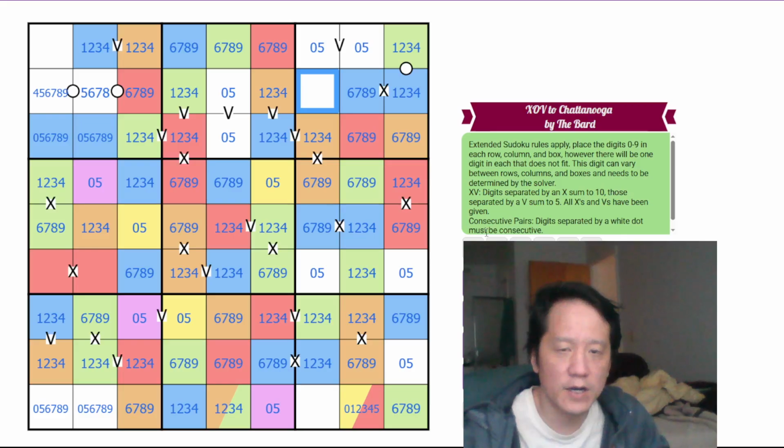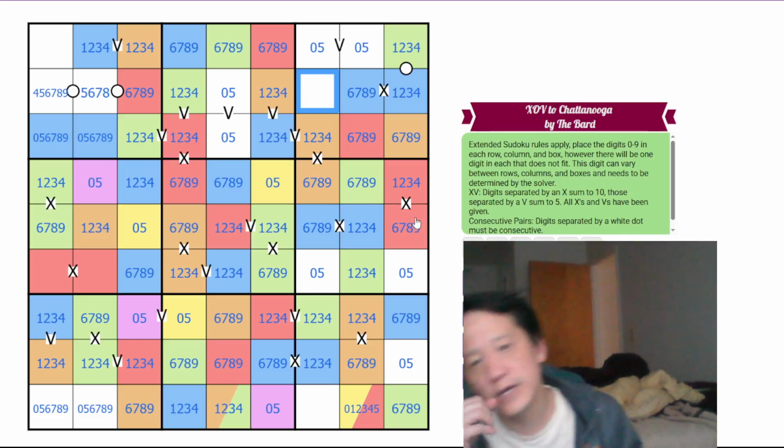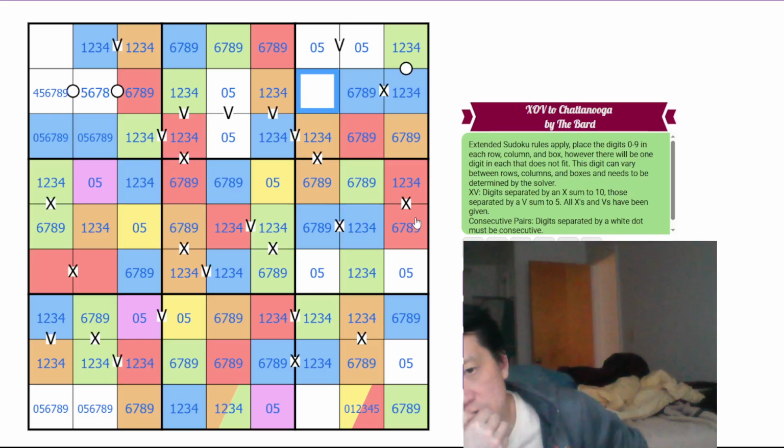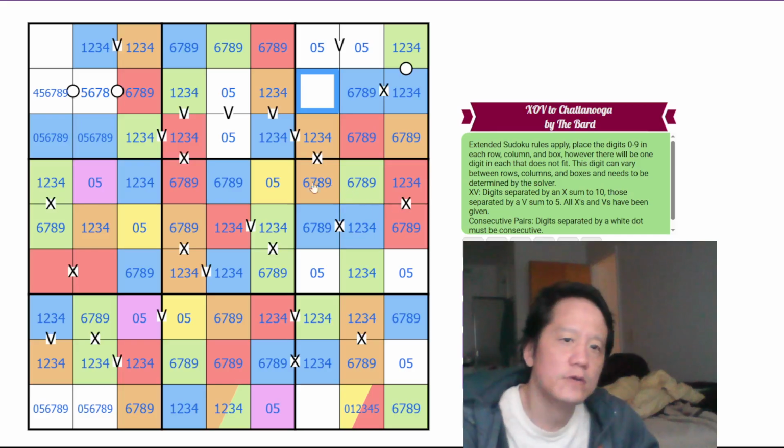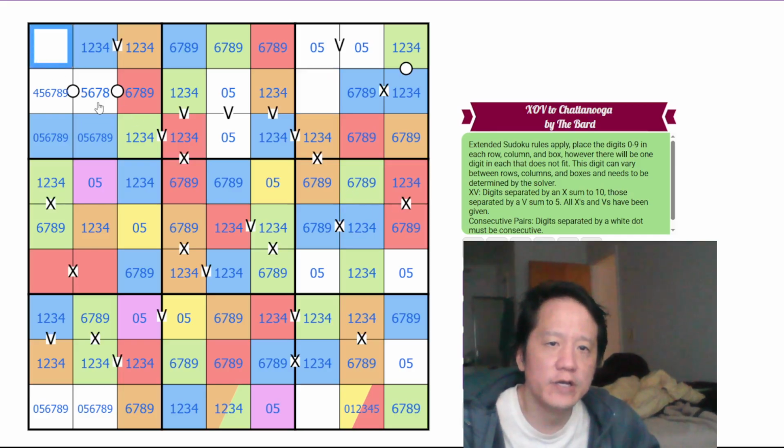This can't be high red, but it could still be low red and green. High green. This again is low red or it's high orange.